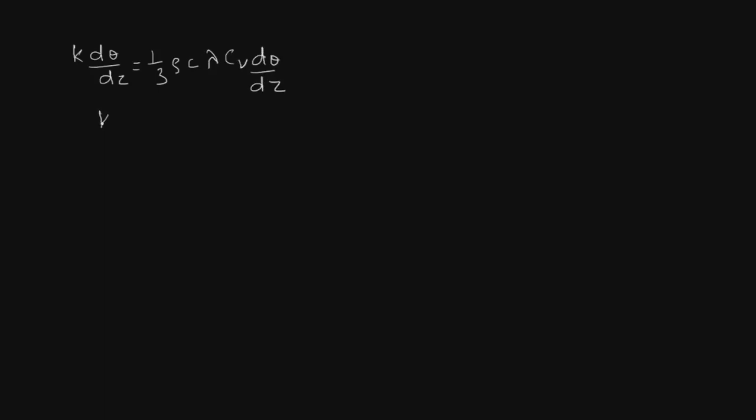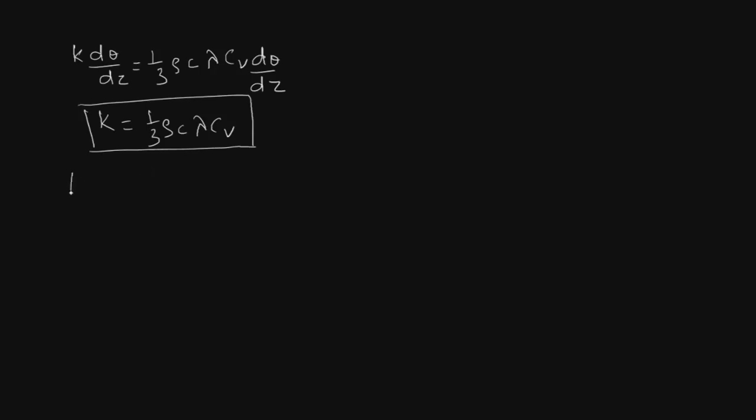So therefore we get K as equal to 1 by 3 rho C lambda into Cv. So this is the expression for K, that is thermal conductivity. So we got the expression for K as equal to 1 by 3 rho C lambda into Cv.